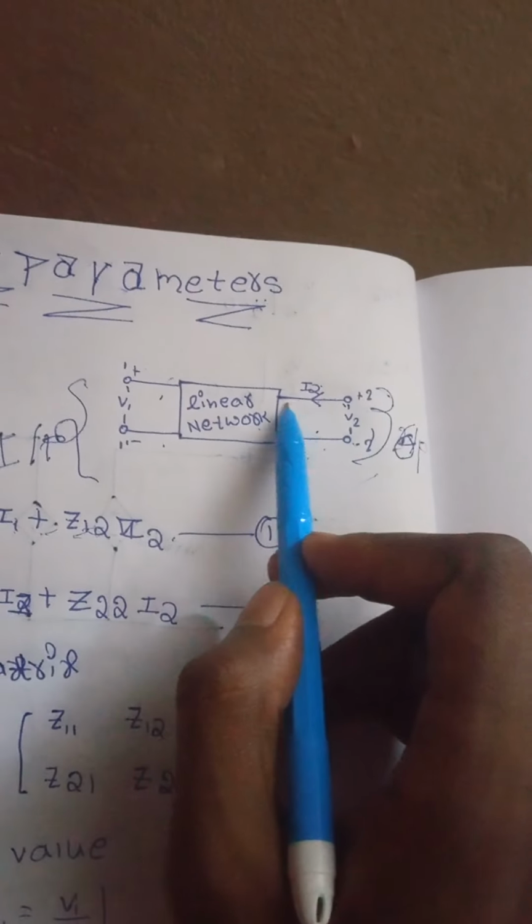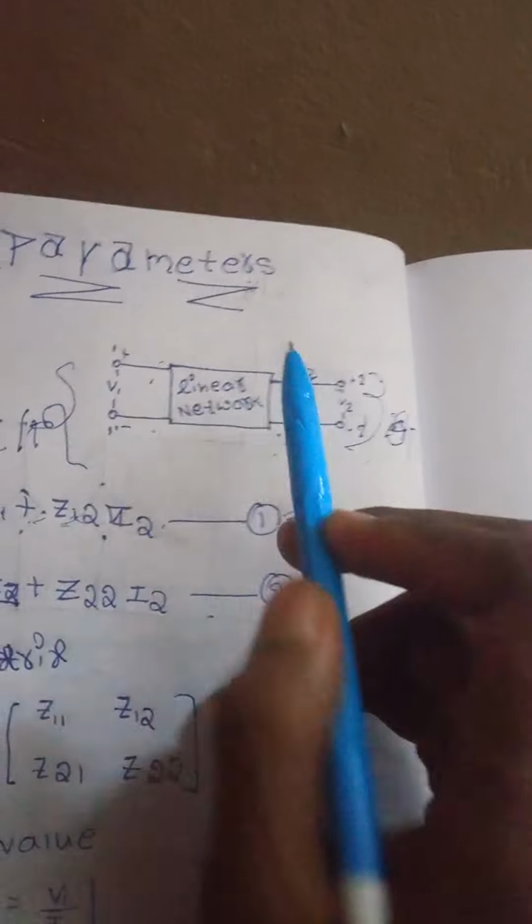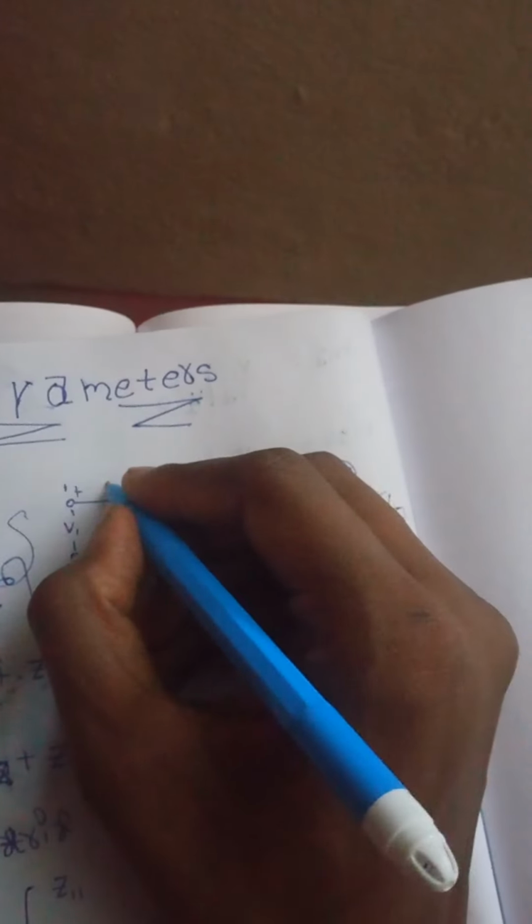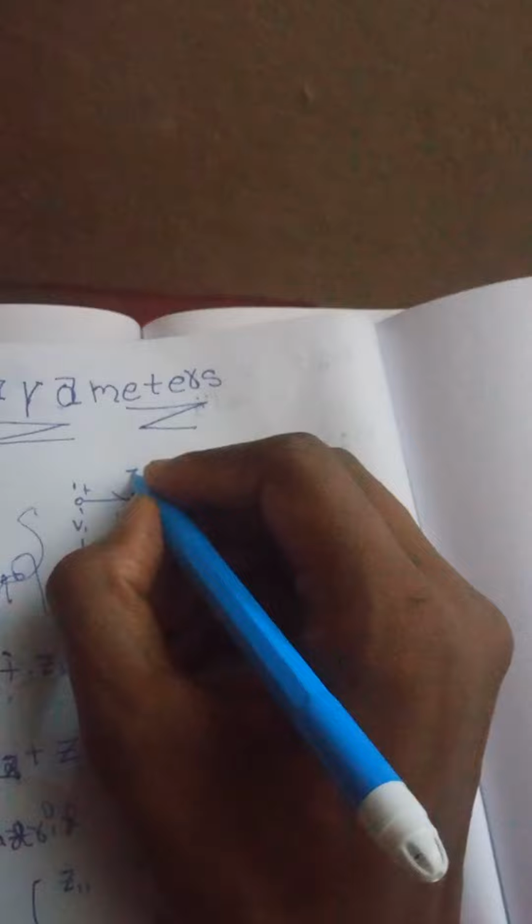The current flowing at the output is I2, and the current flowing at the input is I1.